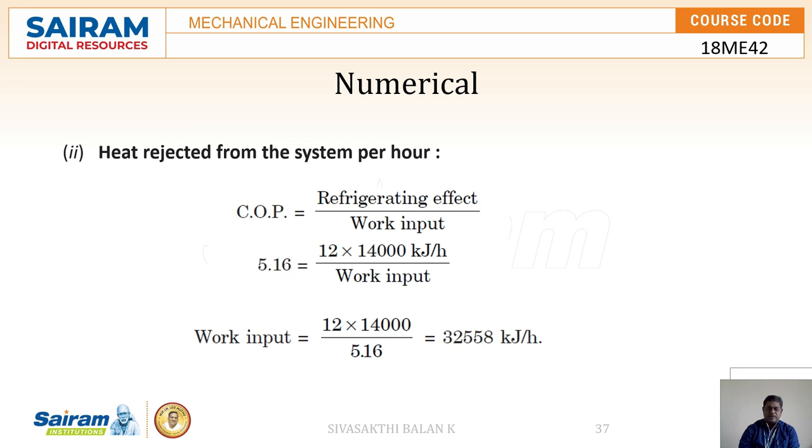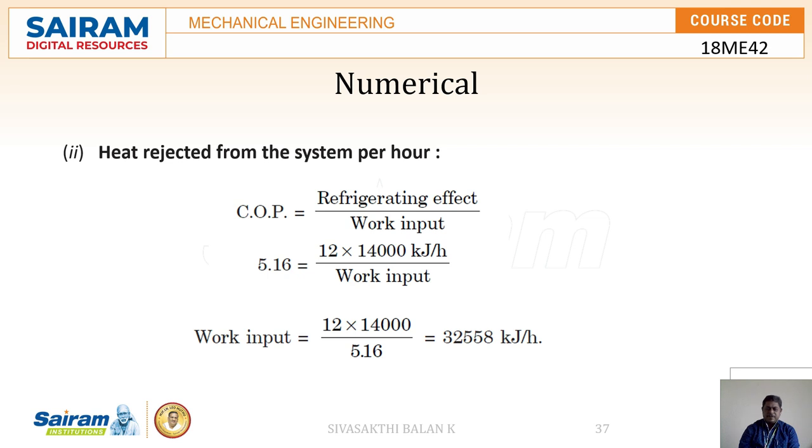Now we need to calculate the heat rejected from the system per hour. We know that COP is the refrigerating effect divided by the work input. COP we calculated in the previous slide as 5.16, and the refrigerating effect is given for the capacity of 12 ton of refrigeration.